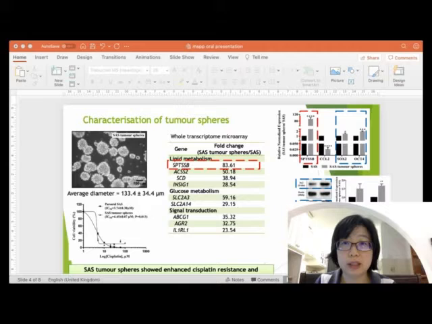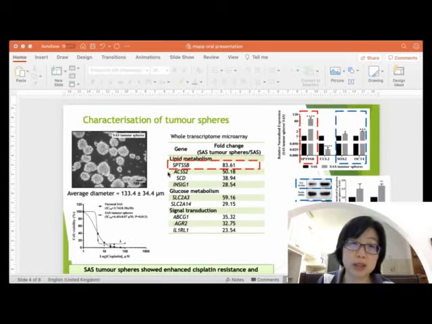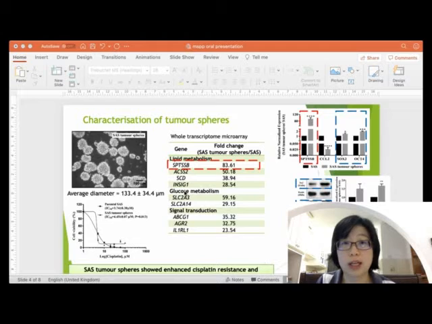We also did some transcriptomic analysis, performed using the Clariom-S assay, which revealed that various genes involved in the metabolism of fat and glucose, and some members of signal transduction pathways, are significantly upregulated.